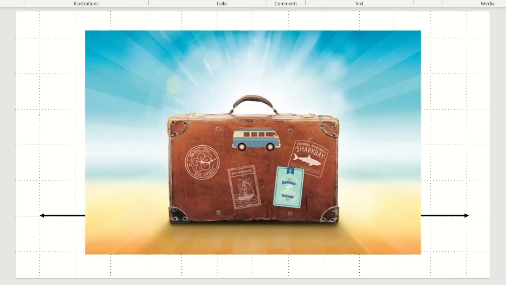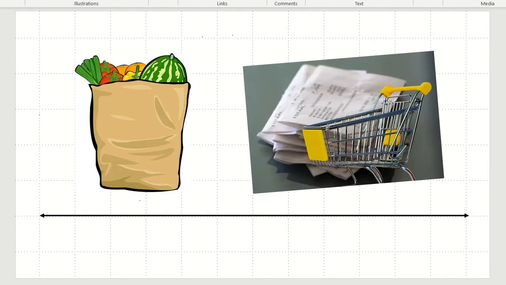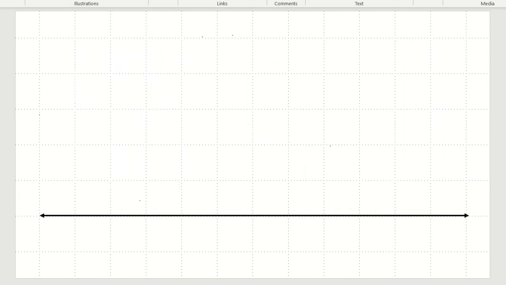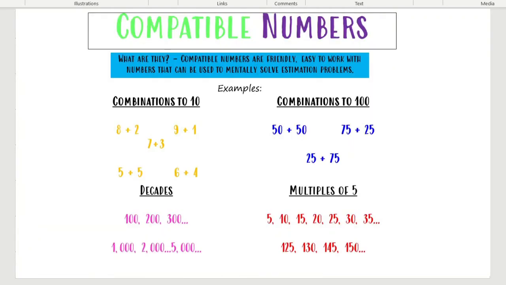And that can come up again. I talked about the idea of when you are planning for a trip or going to the grocery store, we don't come up with exactly how much money we need to the cents. Okay? What we do is we come up with an estimation of about how much we will need. And we usually want that to be more than we'll need because we don't want to be short any money.